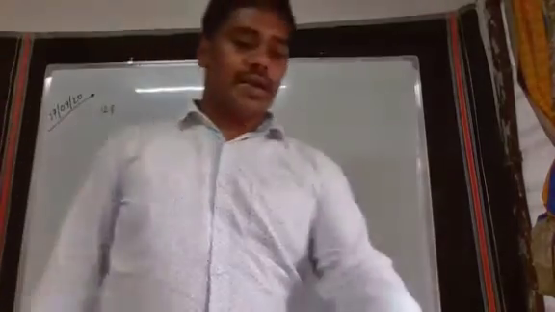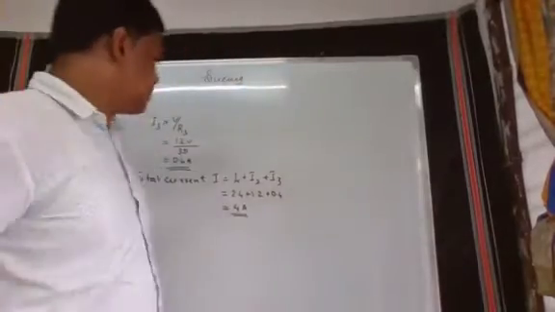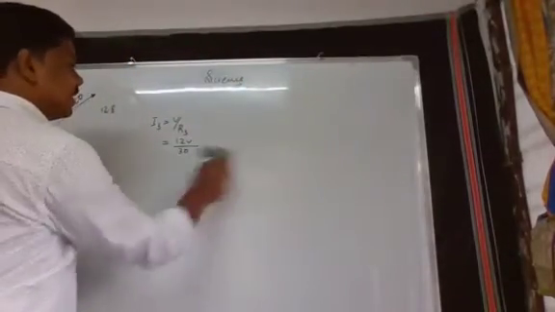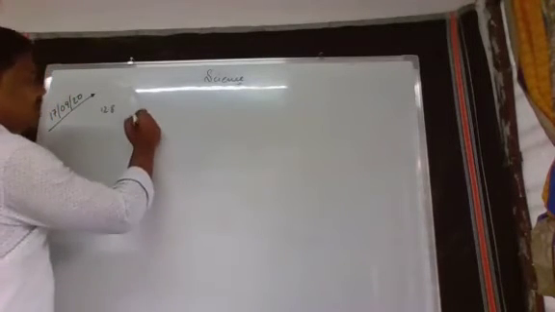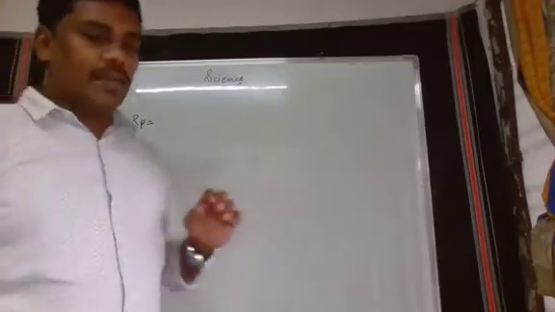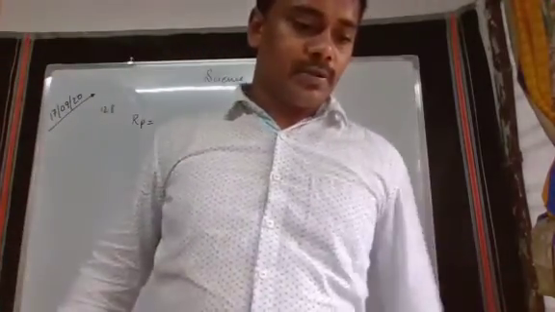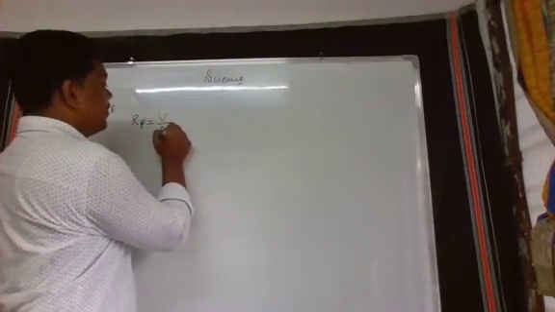And what is the total resistance R? In the case of parallel, we have the resistance Rp. Rp is equal to V by R1.